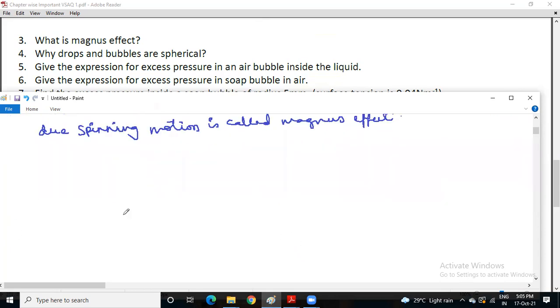Let us move to question number 4. Why drops and bubbles are spherical in shape? So the answer is due to surface tension.